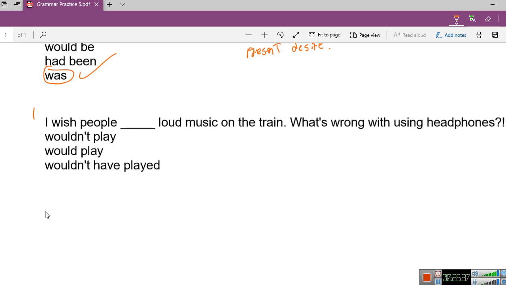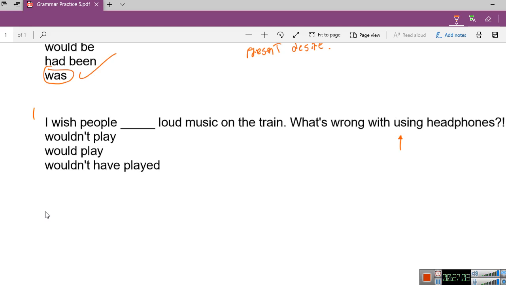So you wish people would play loud music on the train? You're expressing annoyance because they're not using headphones. So imagine what is possible with using headphones.